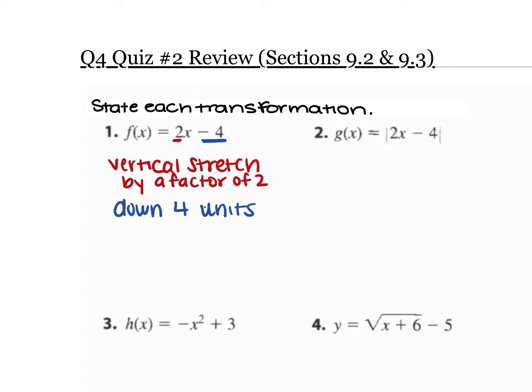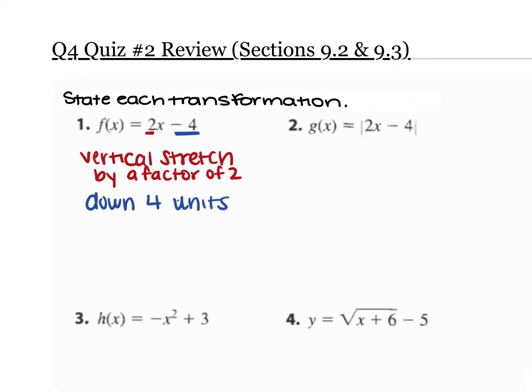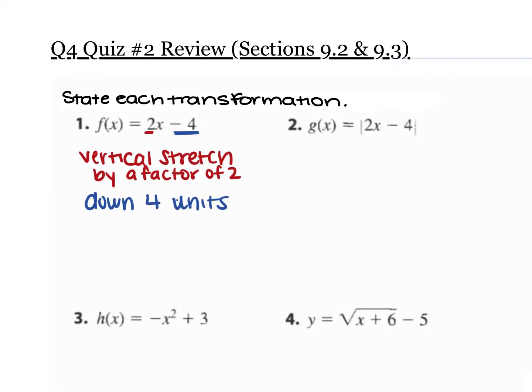For number 2, we have g of x is equal to the absolute value of 2x minus 4. Now this 2, the coefficient of x, is inside the parentheses, so take the reciprocal of that, which is 1/2. That 1/2 is less than 1 but greater than 0, so that means that we have a horizontal compression by a factor of 1/2.